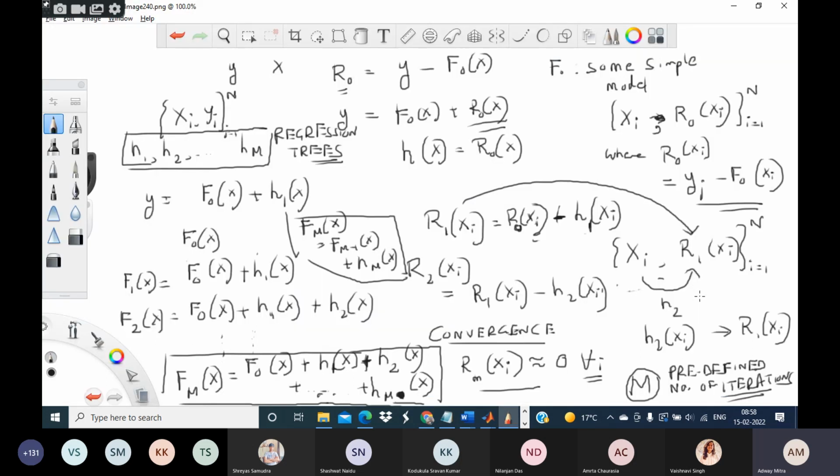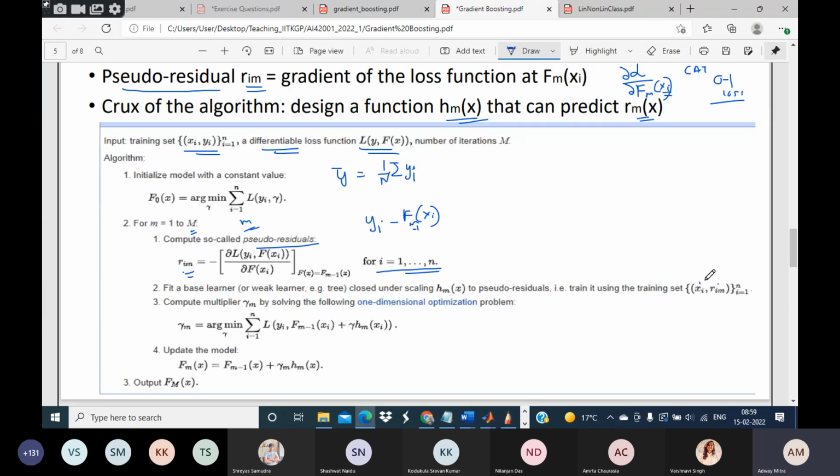In the earlier algorithm, I was telling that you have to predict the residuals at every stage from the data point. But here I am saying that instead of the residual, we have to calculate the pseudo residuals. In case of the squared error loss function, residual is equal to pseudo residual.